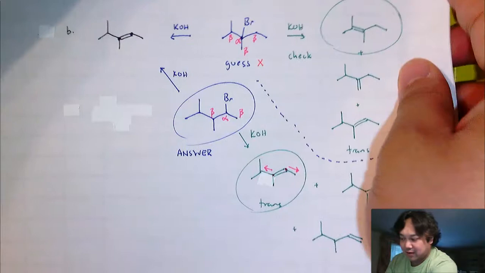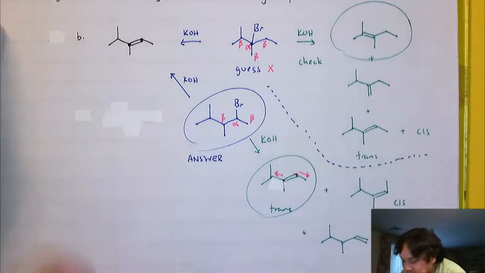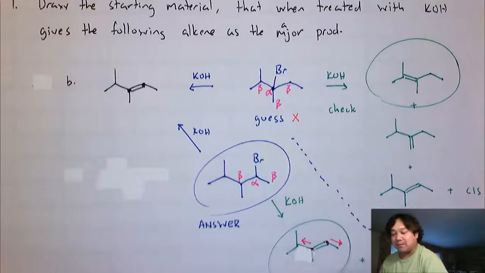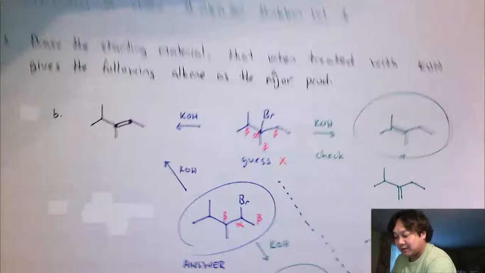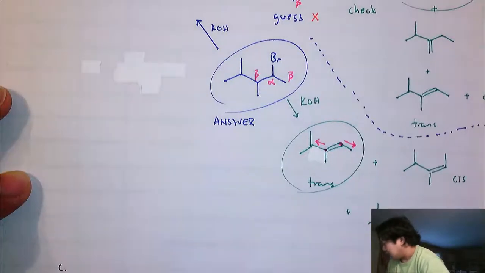Let me redraw C. And I'm gonna do this fast, okay? It's the same directions, so I'm gonna ask you to pause it and try your best to draw the starting alkyl halides.